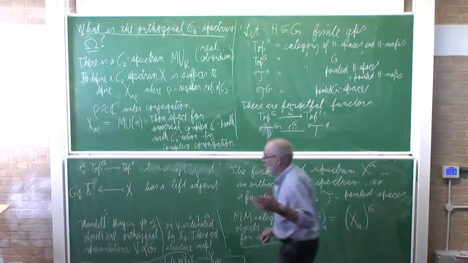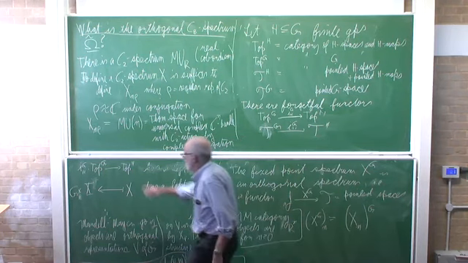Now, it's easy enough to check that this is a left adjoint to the forgetful functor.